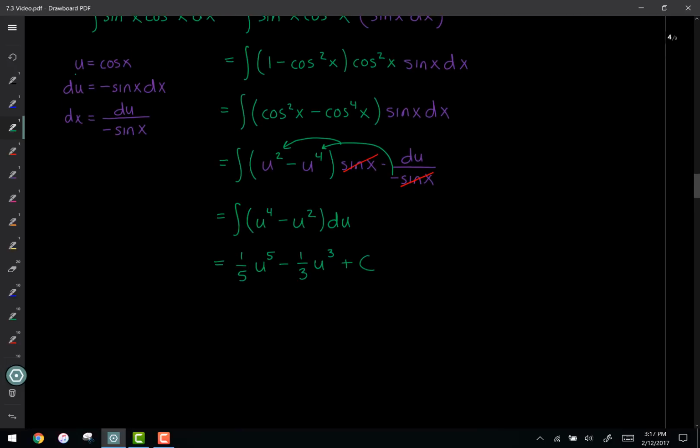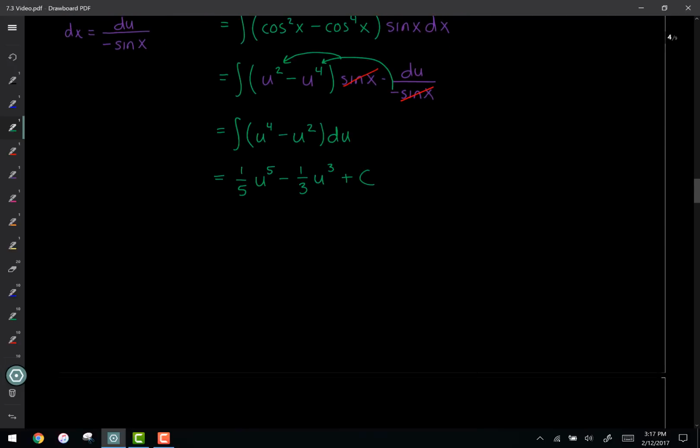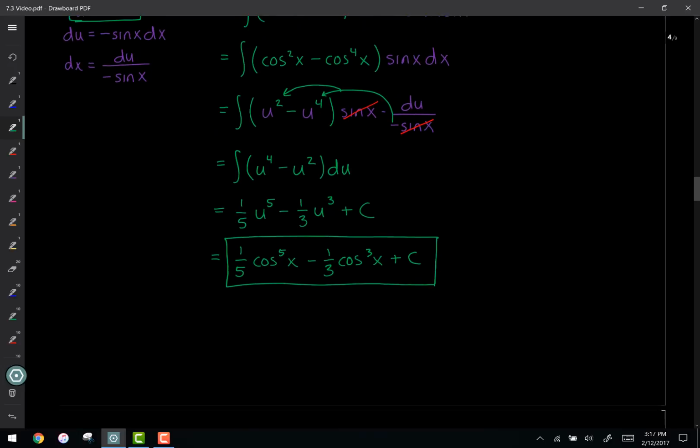And as before, and as always, don't forget to back substitute what u is. So u is cosine of x. And don't forget our plus c. Otherwise, the guy's going to flip the table over and be very angry.